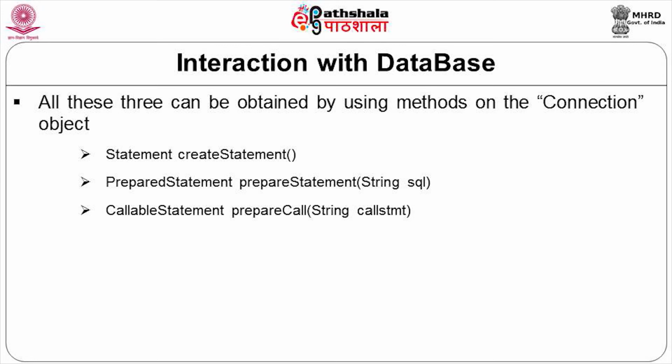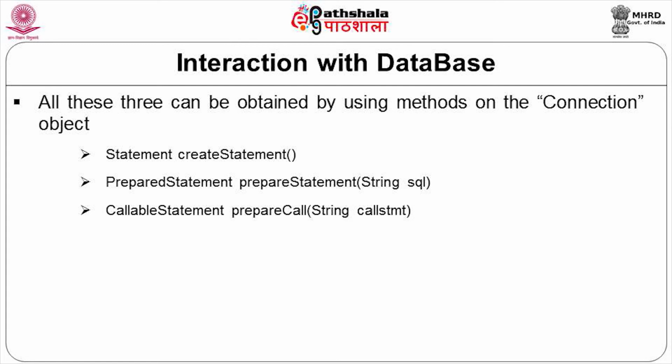So if what you want to execute has a return value, then you should start with a string that looks like braces, and within the braces you'll have a question mark representing the return value, equal to call, the name of the function, and in brackets the various parameters you would like to pass to that function.